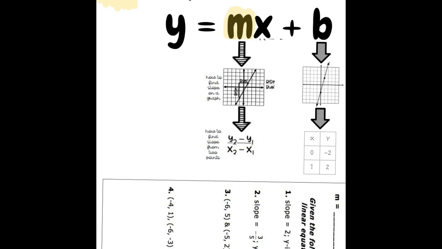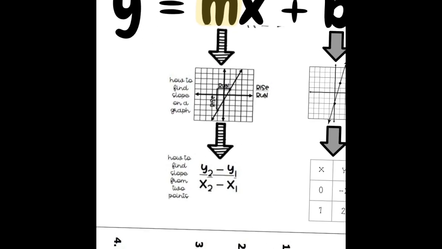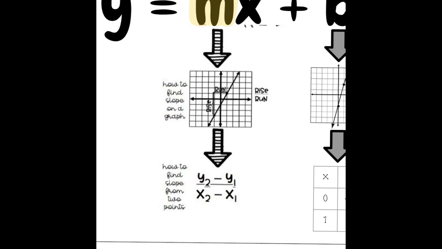And there's a couple ways that you can do that that are presented here to remind you. If you follow this down, if you need the slope, you can look at a graph to find the slope. And the way that you do that is you find what they call your rise over run, but what we have been calling and what we know as your change in y over your change in x. Those two things, rise over run and change in y over change in x, really mean the same thing.